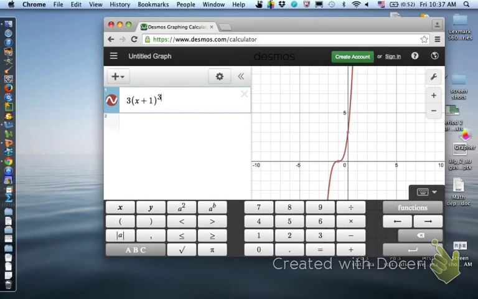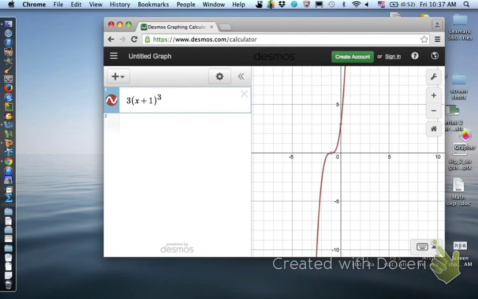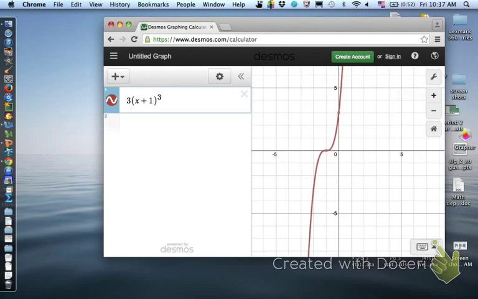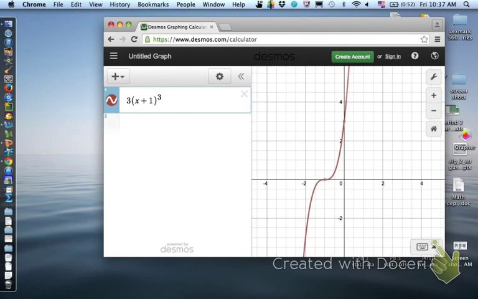Over here we can see the function, but we might zoom in a little bit. Notice that as we move to the left, the y values are going down, and as we move to the right, the y values are going up.